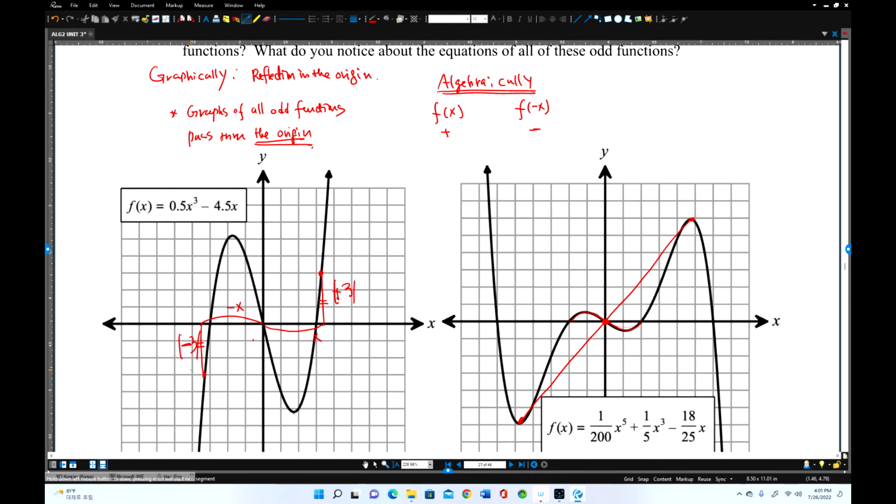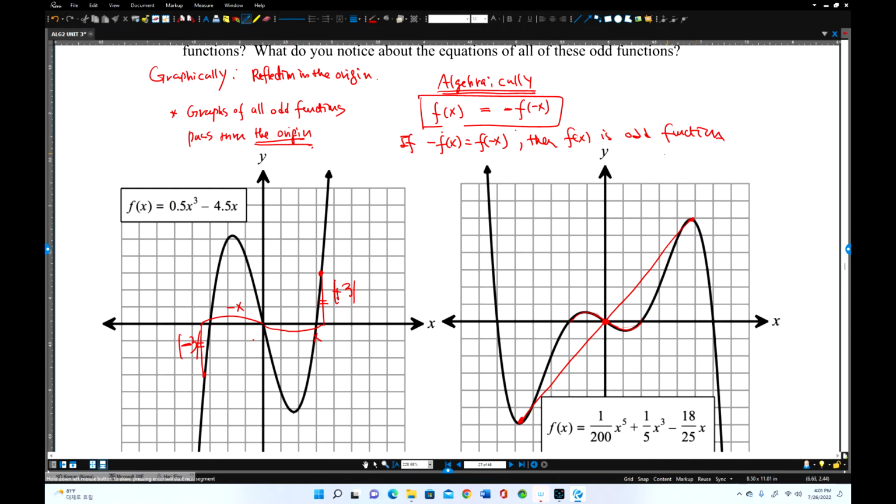Okay, but how can you make them equal? If we put one more negative sign up here, now minus a minus is a plus, they are equal. If this is true, or different, put this number on the other side: negative f of x equals f of negative x. If this is true, then f of x is an odd function.